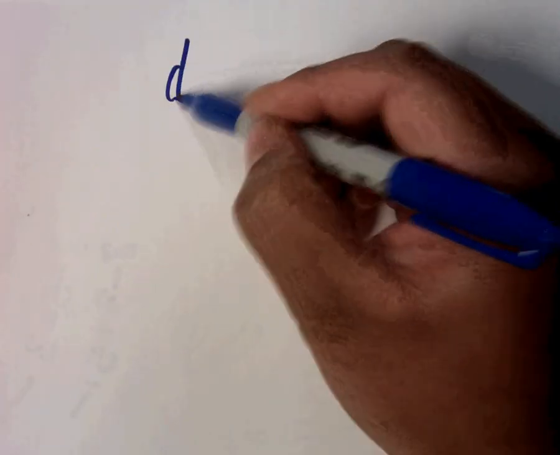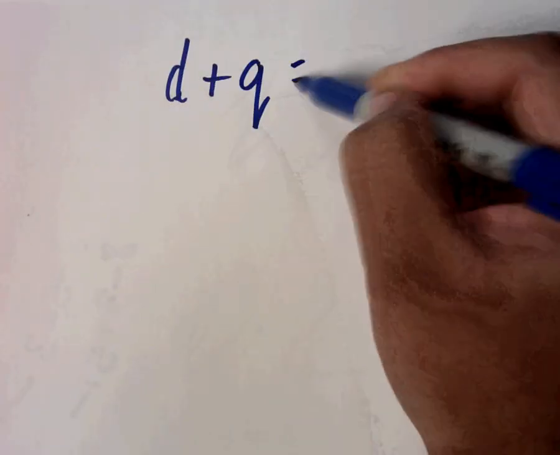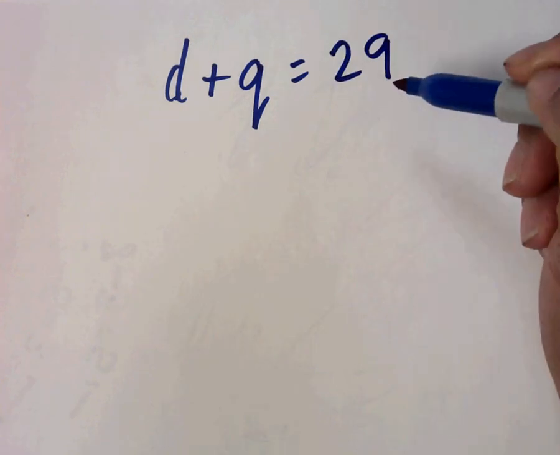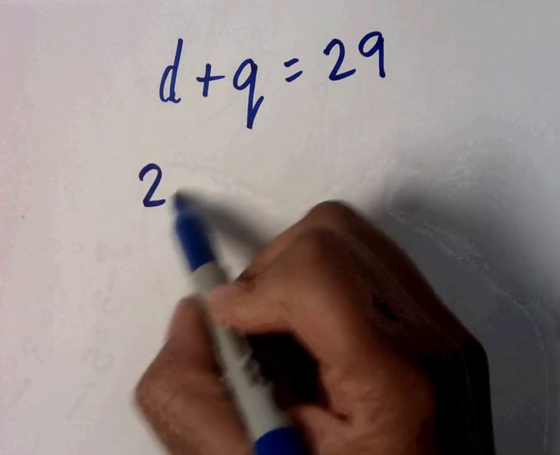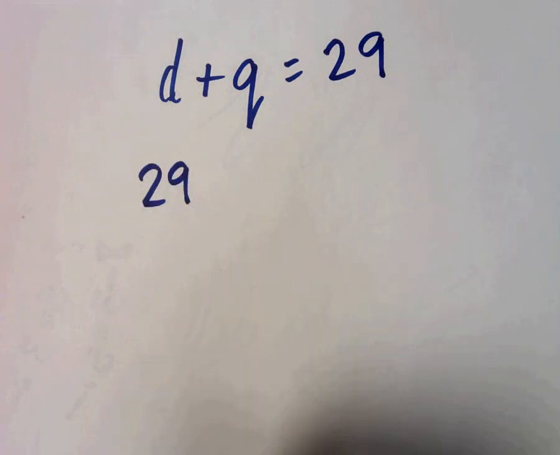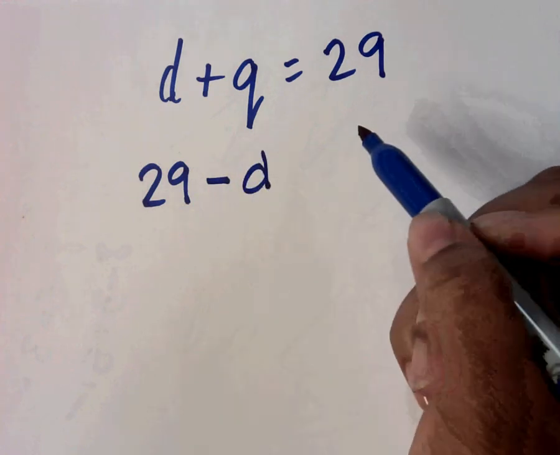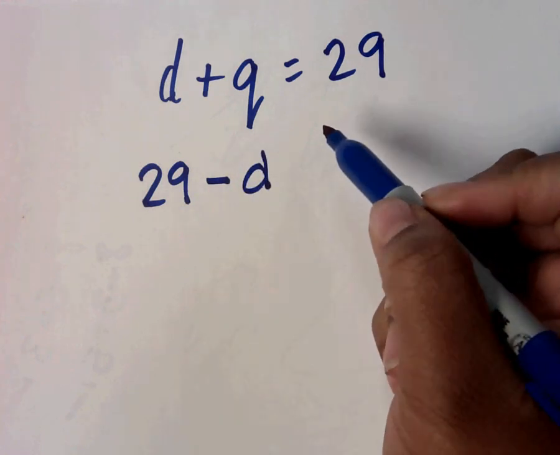Okay, before ending this video, let me give you just an example and see if you can give me the answer. D plus Q equals 29. Start off with the total. Subtract either one, D or Q, equals the other letter.